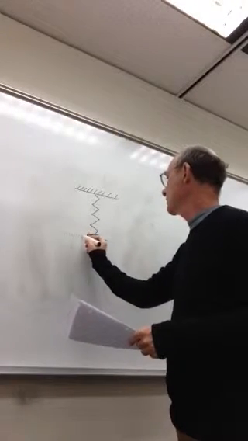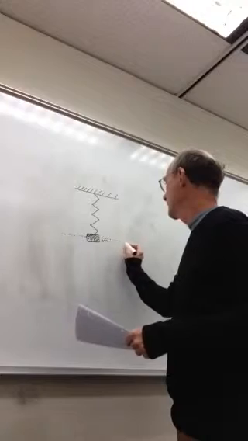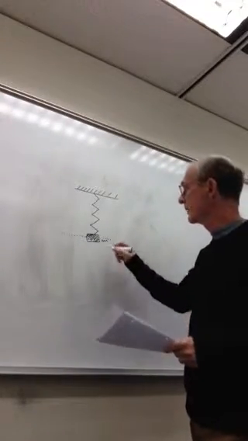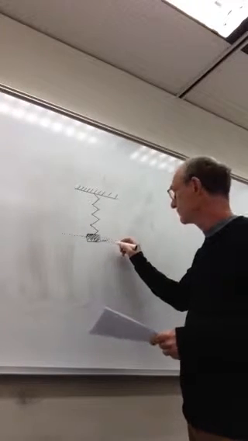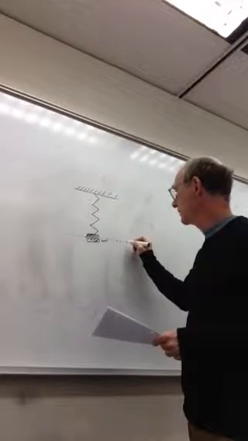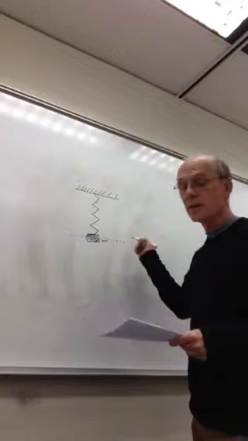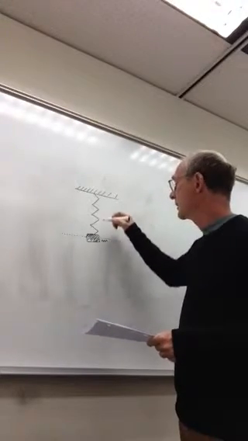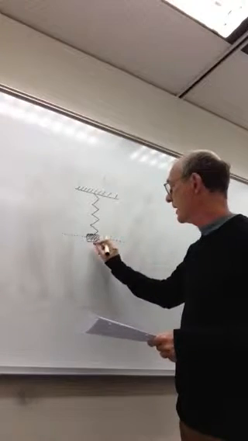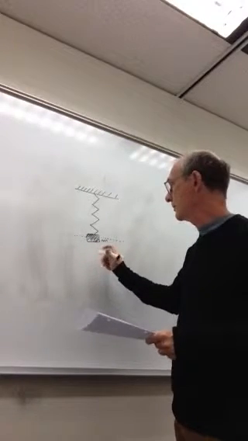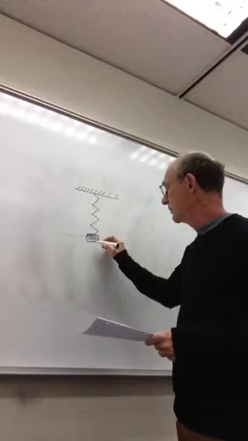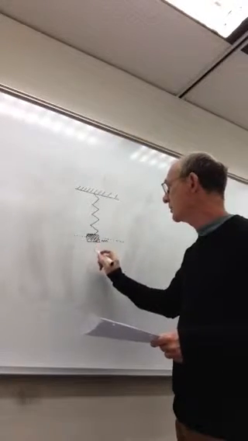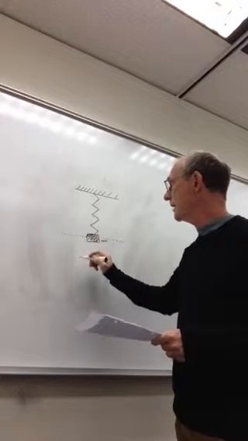So you can define an origin of everything by the rest position of the mass. And of course, this is the equilibrium position of the mass. If you displace the mass a little bit towards the bottom, then it'll tend to want to go up and down and up and down.